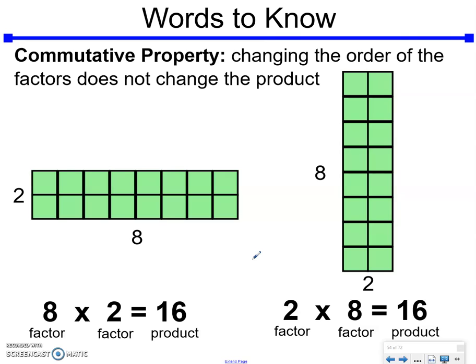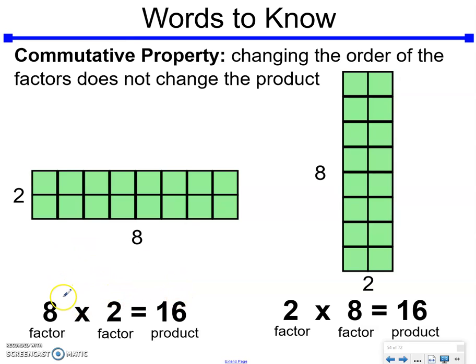You know that the commutative property tells us that we can change the order of the factors that we're multiplying without changing the product. So look at this 8 by 2 rectangle. It's the same 8 by 2 rectangle we've been looking at today. We know that our factors are 8 and 2, and we know that the area is 16. So 8 times 2 equals 16.